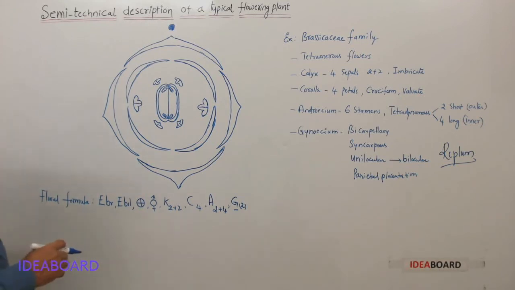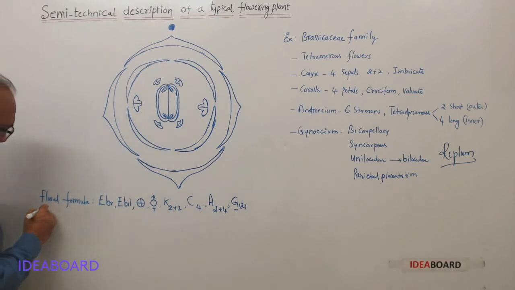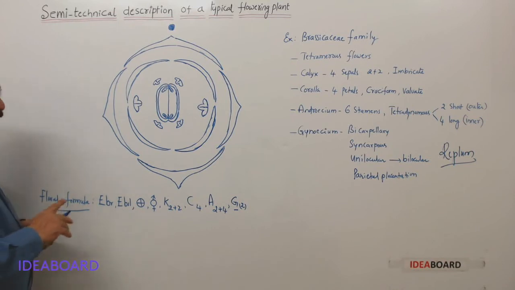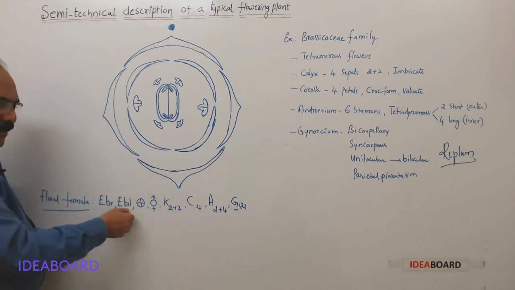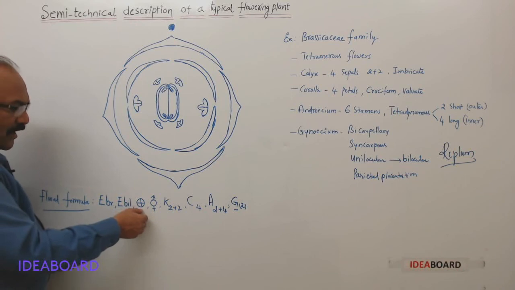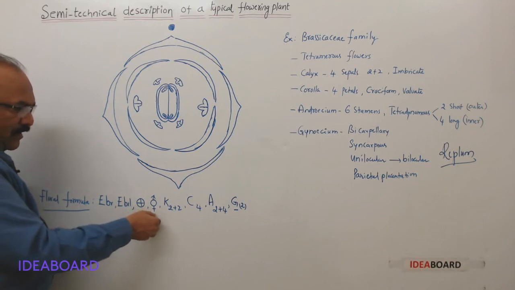And now, how to write the floral formula? Okay, the floral formula, as I told you, the flowers are without bracts, so ebracteate, EBR, and they are without bracteoles, so EBRL, ebracteolate, and they are actinomorphic, so the plus in the circle, actinomorphic symbol, and this is the bisexual symbol.